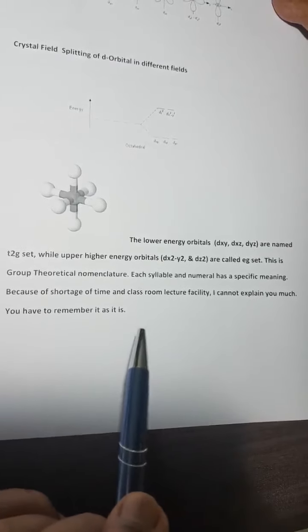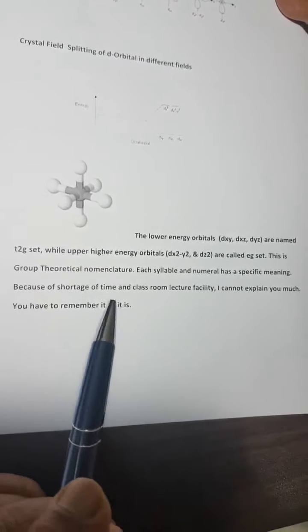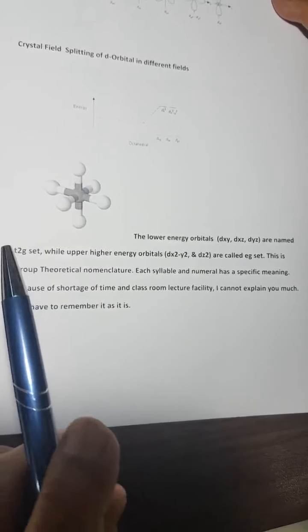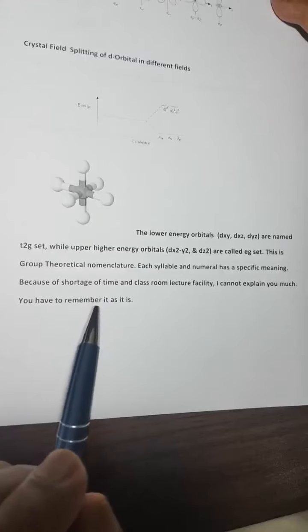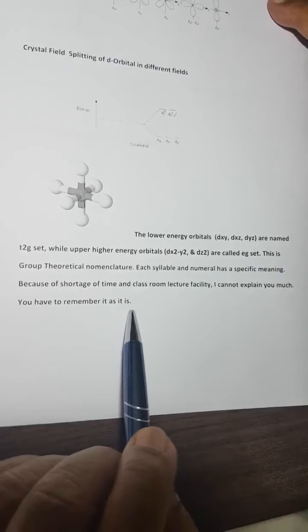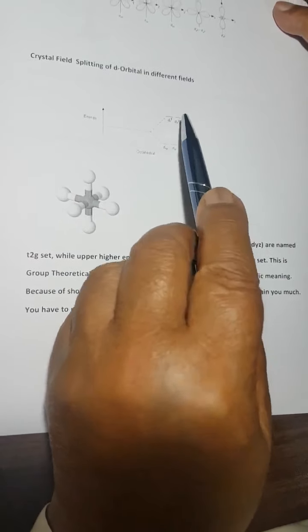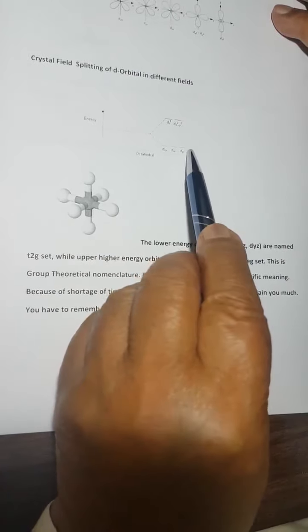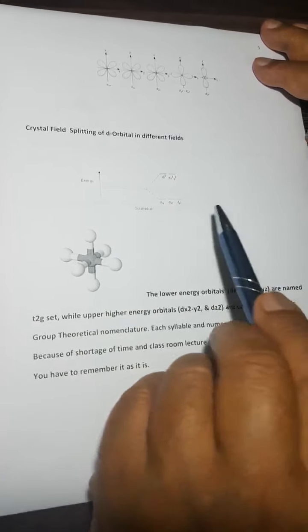I usually teach this topic in 3-4 lectures, but right now it is difficult to do this. So all I am saying is you remember it as it is, that this splits up into the T2g set and the Eg set. And what T and E mean, I can explain.